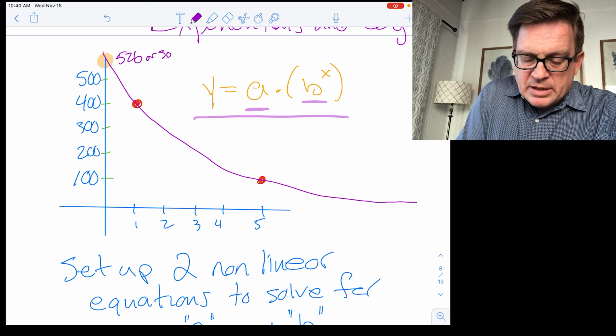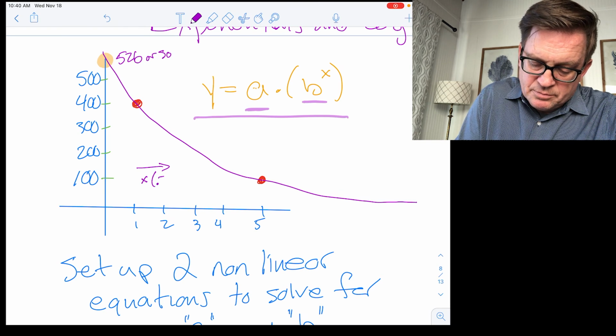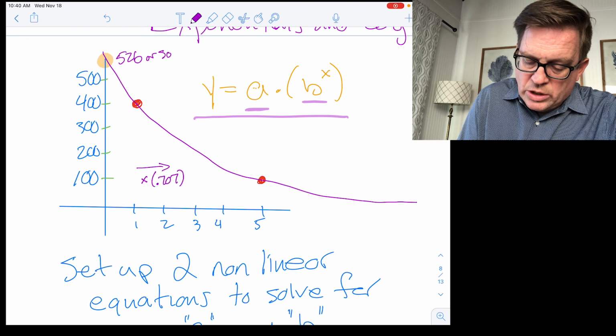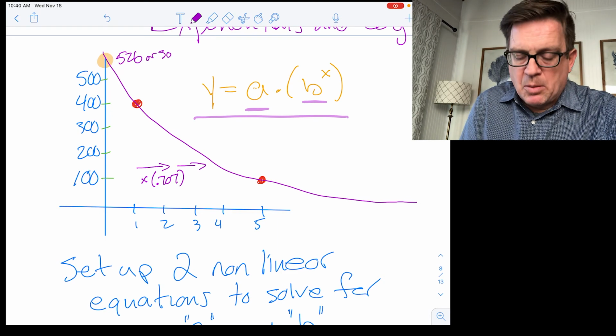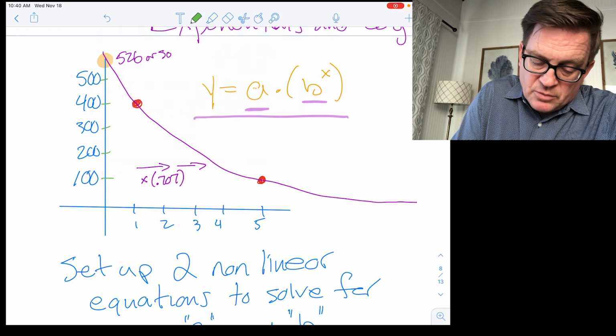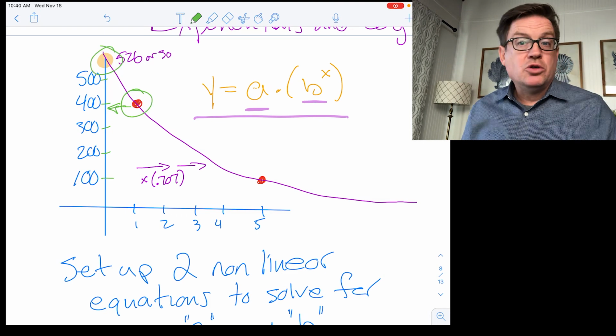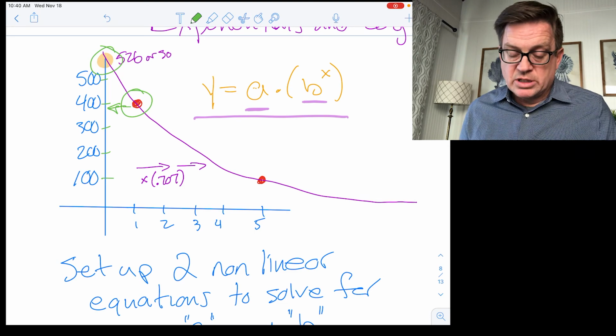You can also think about that as when you increase x by 1, you multiply by 0.707. When you decrease x by 1, when you go from x equals 1 back to x equals 0, you divide by 0.707, which is what we did in the algebra, and we got 526. So that seems to work.